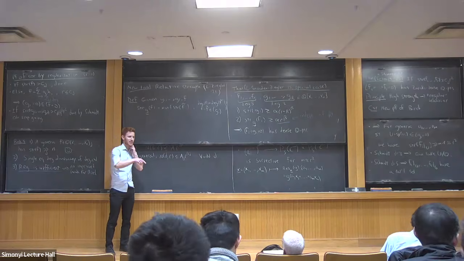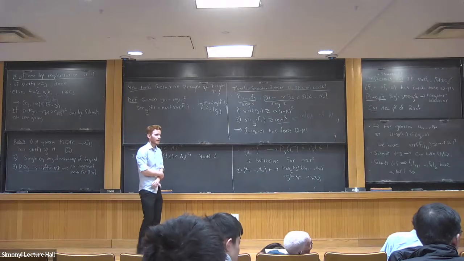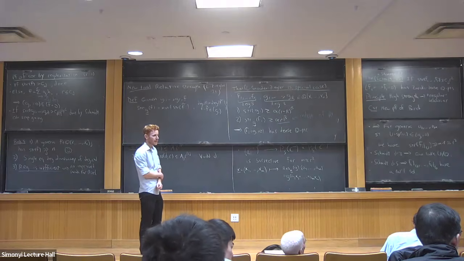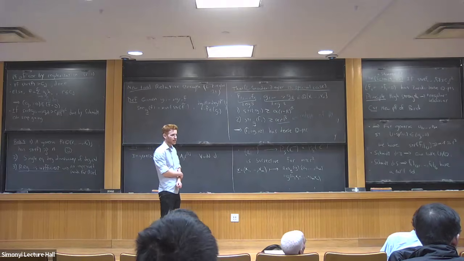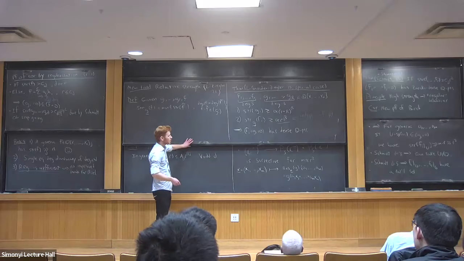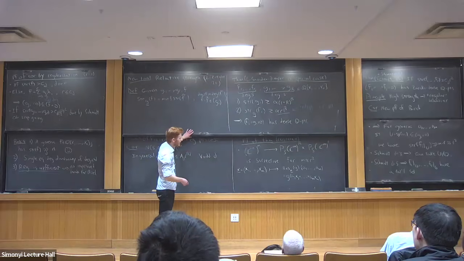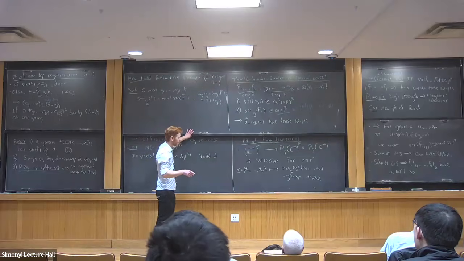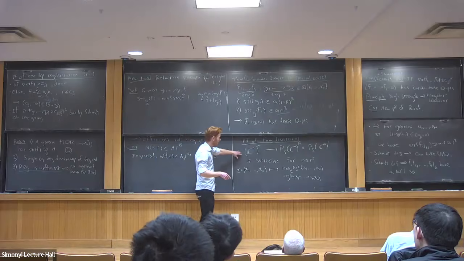You wanted to ask something? Yeah, since some people mentioned F_p, is it possible to prove this kind of surjectivity using any Lefschetz principle for statements in characteristic p? So I think Elon asked about this.